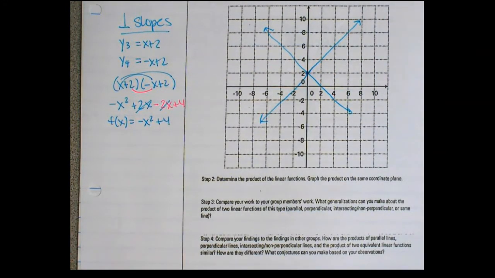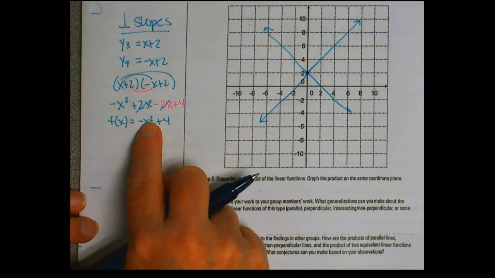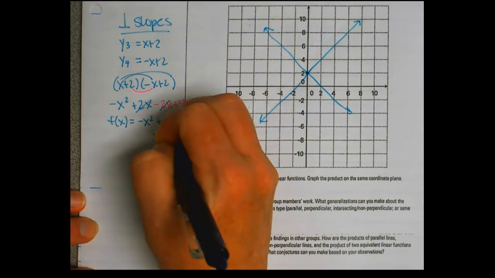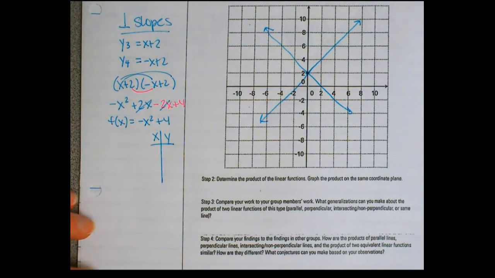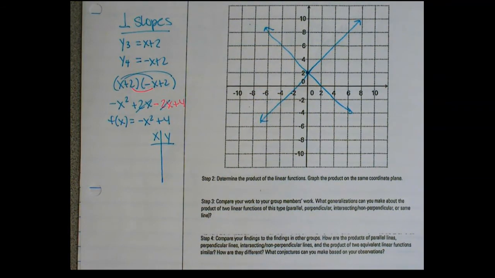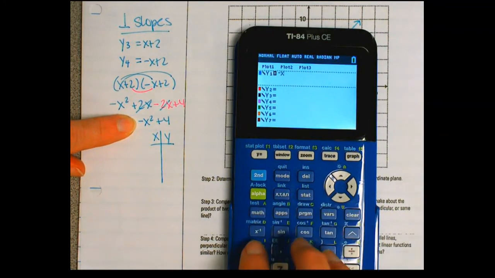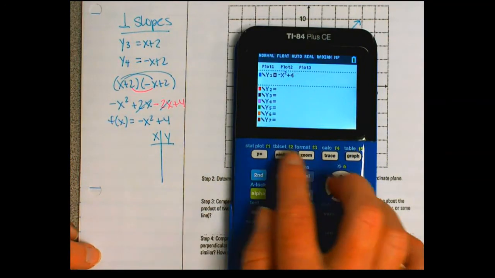So again, I have a parabola. It's got a square there, so it should have a parabola shape. I'm not sure what it looks like, so I'm going to graph an xy chart. Let's look at this on the calculator so we can see how to do a table quickly. On a calculator, to get a really quick table, you put the function in, -x squared plus 4, and then you check your table.